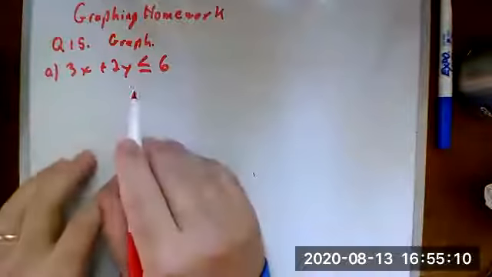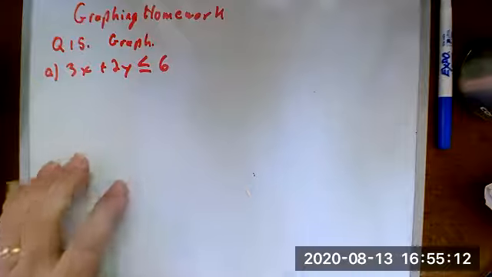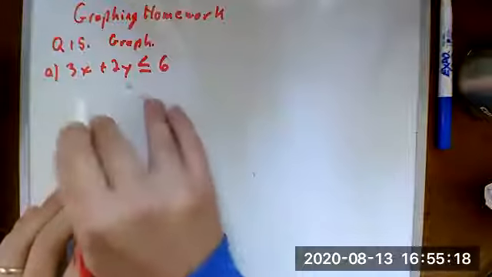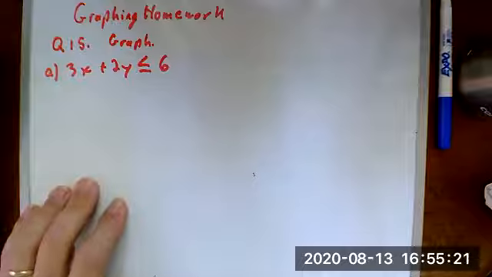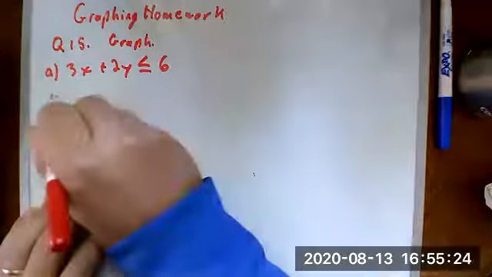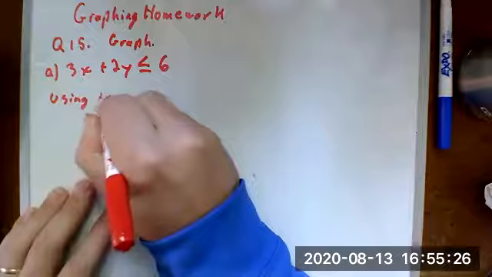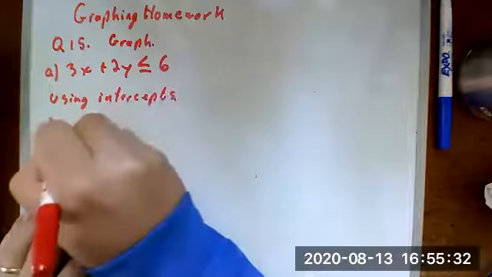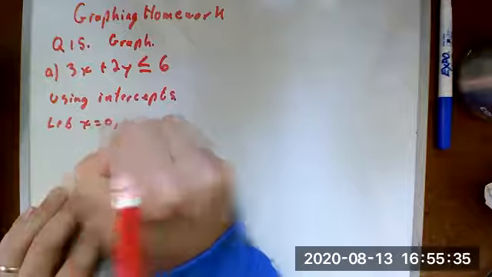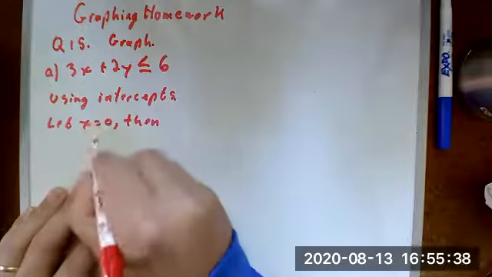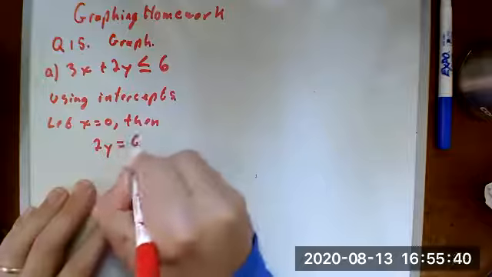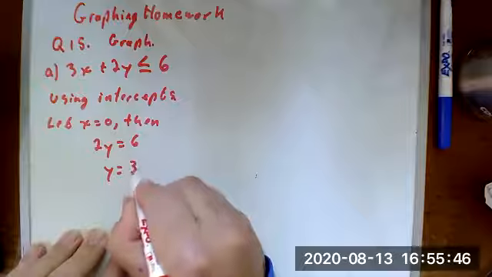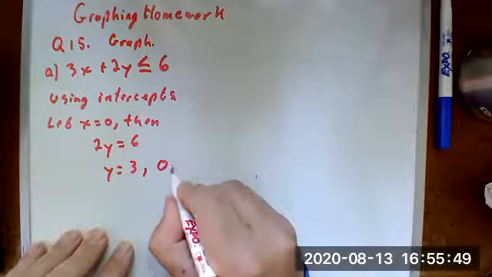All kinds of ways we can go about this. I like to start, we'll just use the intercepts because then I don't have to rearrange anything. So using intercepts, we let x equal 0, then 2y will be equal to 6, y will be equal to 3, so we're at the point 0, 3.